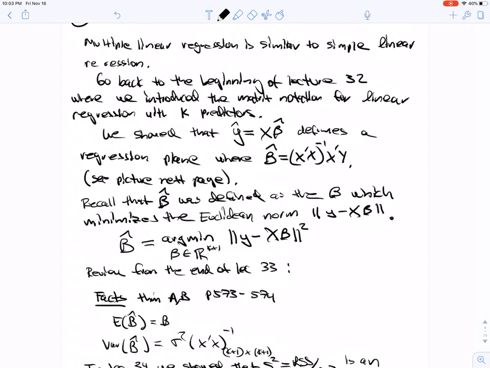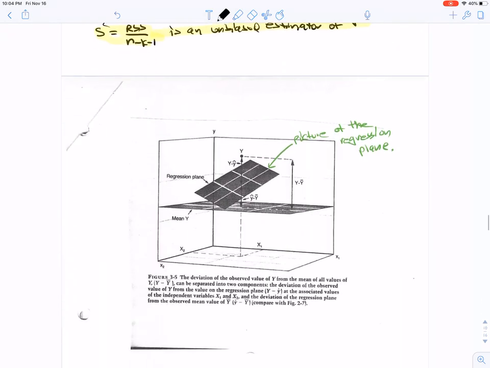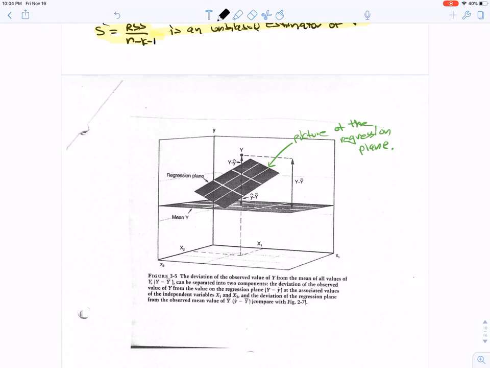So beta hat minimizes this, and we used a geometric argument to show that beta hat was x transpose x inverse x transpose y.